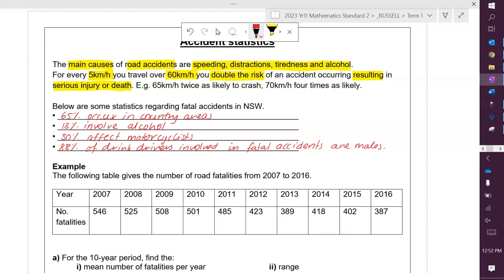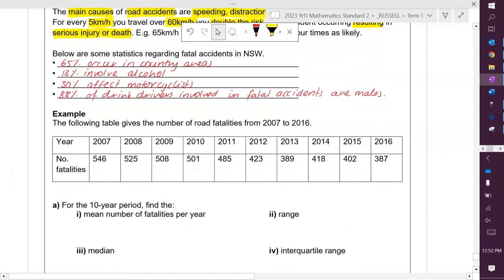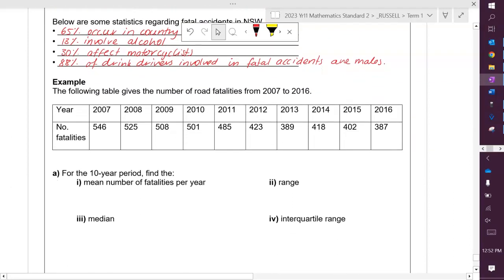think about when we are in these particular situations. So if we look at this table, it gives the number of road fatalities from 2007 to 2016. To make this easier, I'm just going to put it into order so that when I'm finding my median and range, I've got everything written out.